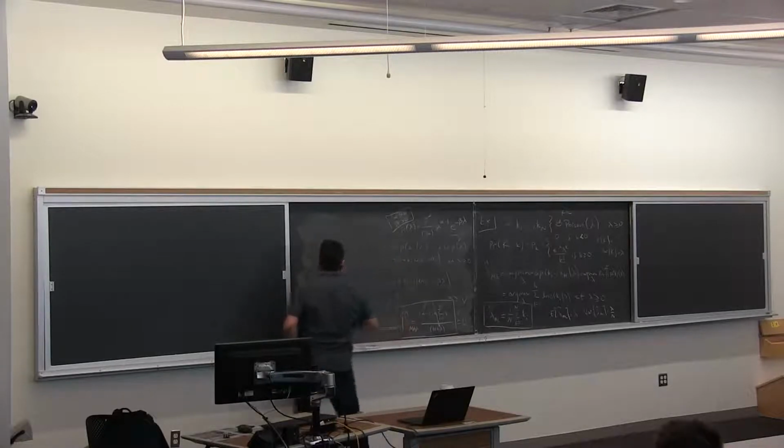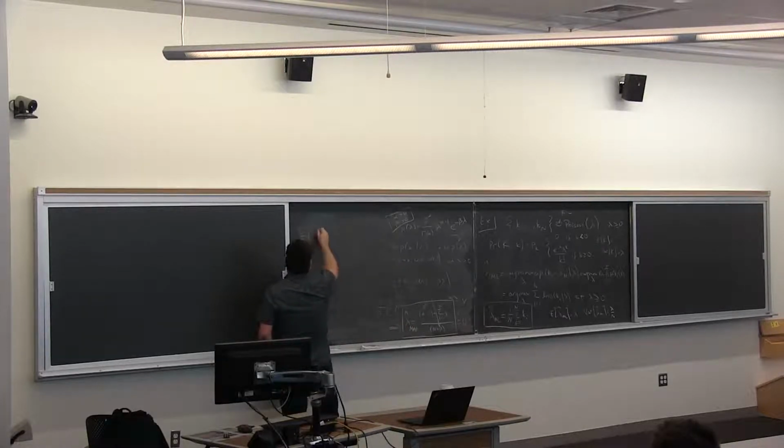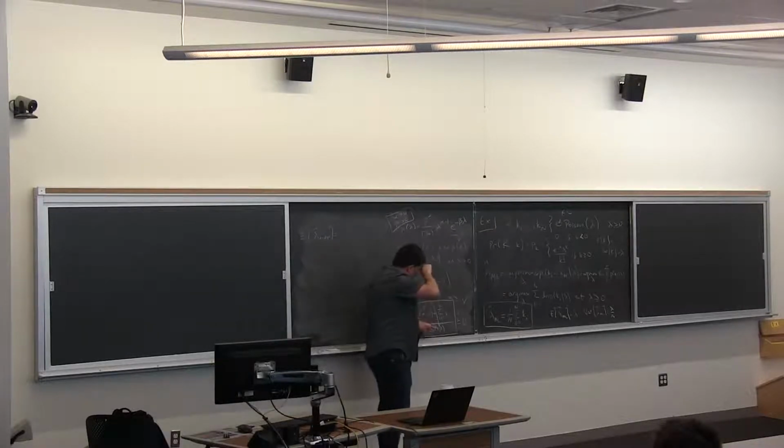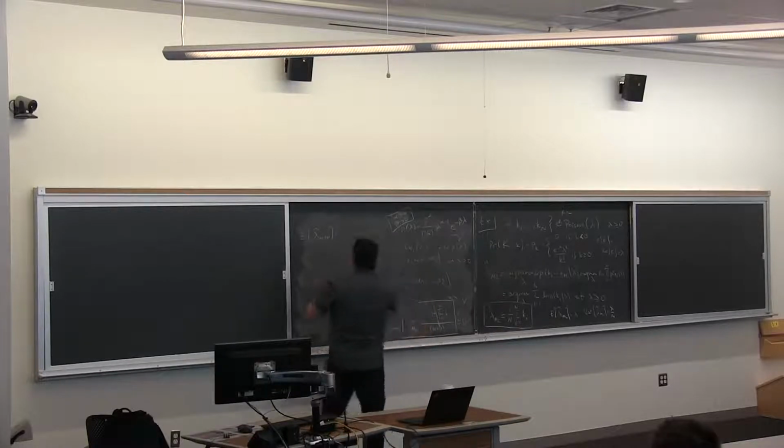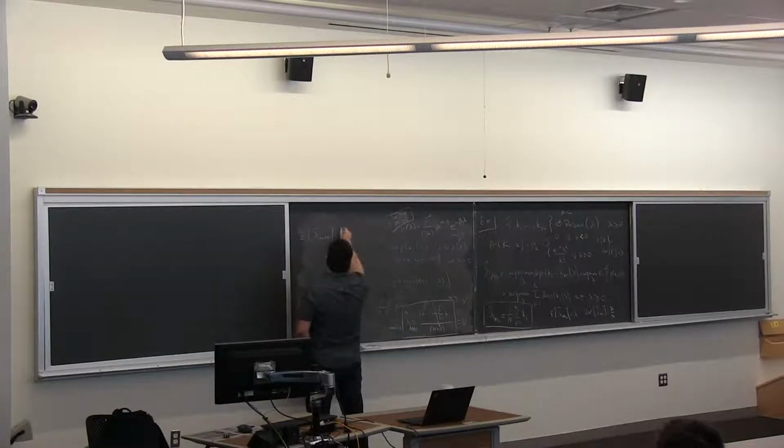Specifically, the expected value of lambda hat MAP is, this is a constant, so this is n times lambda, equal to alpha minus 1 over n plus beta, plus n times lambda over n plus beta.